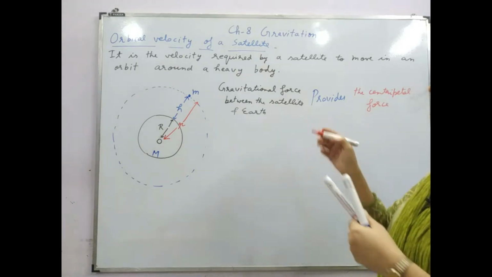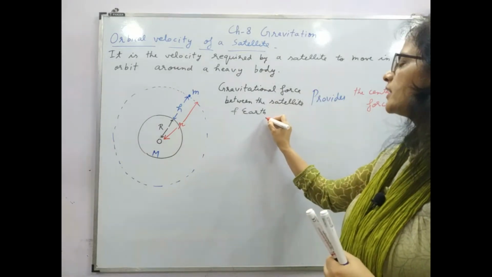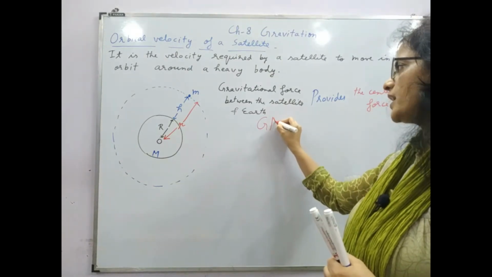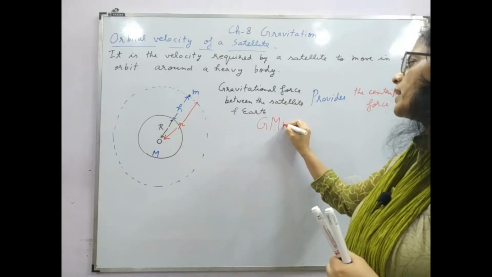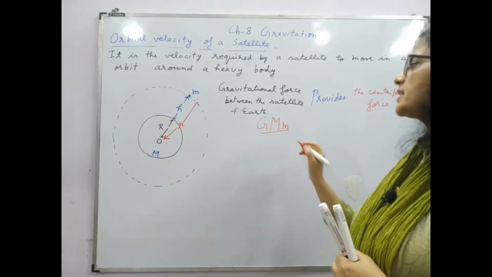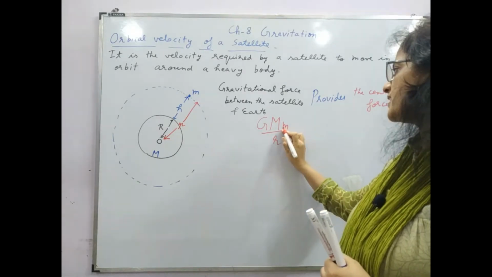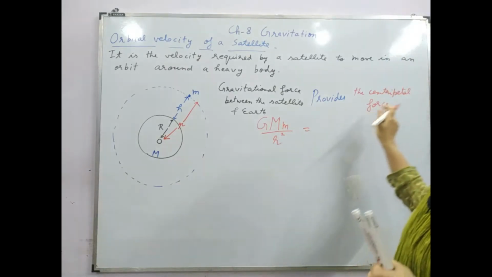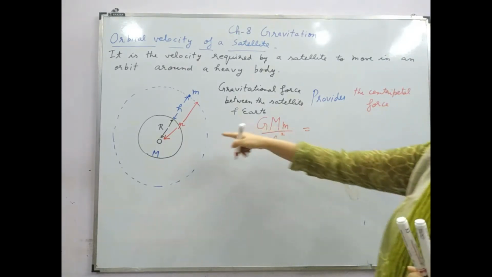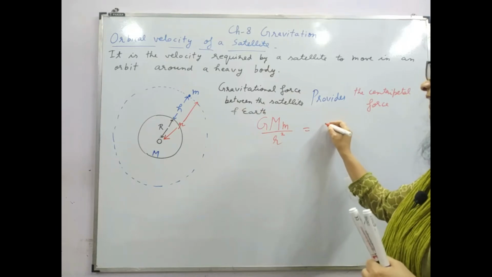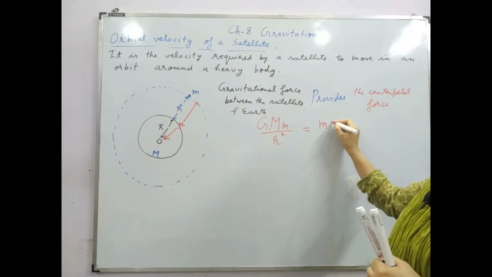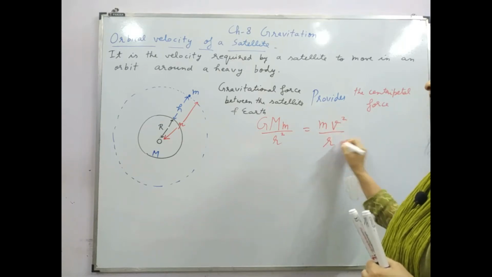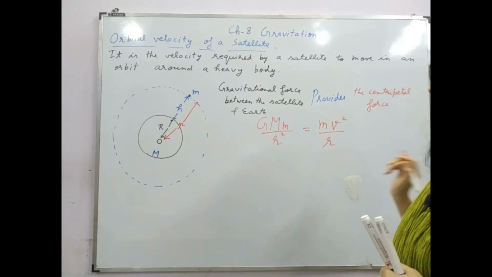Right? So we can write the expression as the gravitational force between the Earth and the satellite is G into mass of Earth into mass of satellite upon separation between their centers, which is r, so square of this r. And the centripetal force of the satellite will be written as mass of satellite, velocity of satellite square upon radius of the satellite orbit.